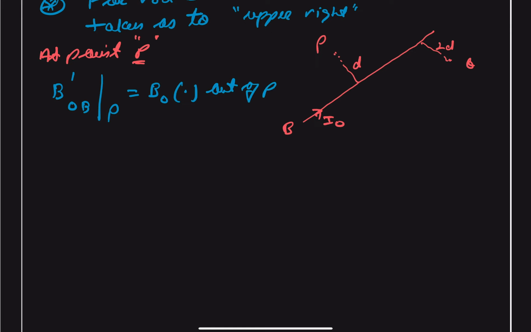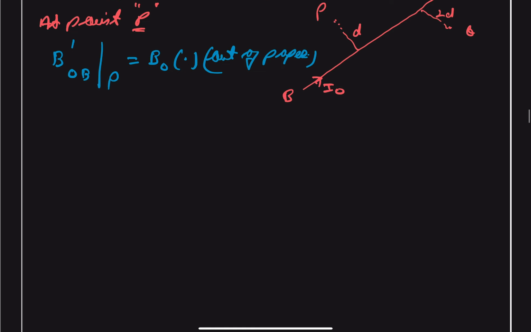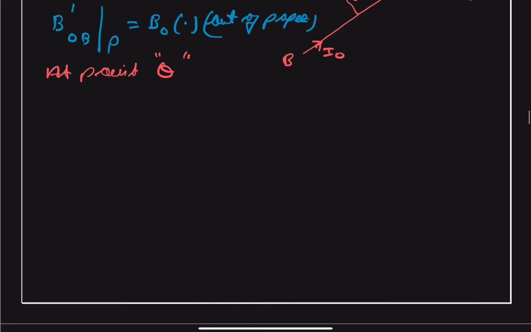Similarly, we do it for our point Q. At point Q, B prime OB at point Q will be equal to half B naught, and that will now be into the paper.